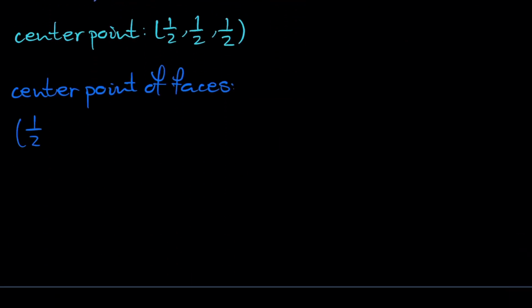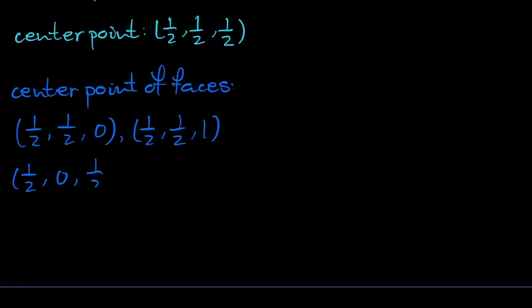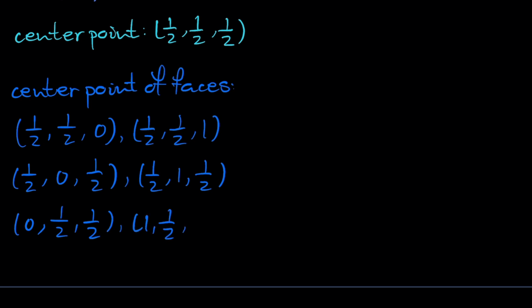We don't have to resort to the image anymore. These are the permutations that give the center points for each face by arranging the two 1 halves and the zeros and ones. Alright, and that's really interesting because now we have 6 faces, which corresponds to the number of center point coordinates.